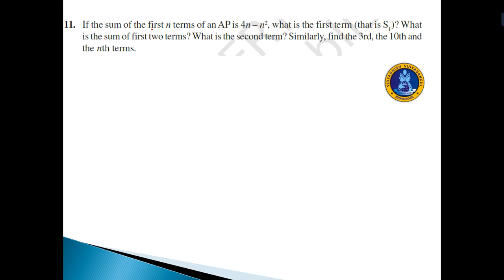First of all, the sum of first n terms, Sn, is given, that is 4n minus n square. Now the first term, that is S1. But always remember, A is the initial term. It is also A1 or it is also S1, because the first term is always A. Now by putting n is equal to 1 we can find the first term.